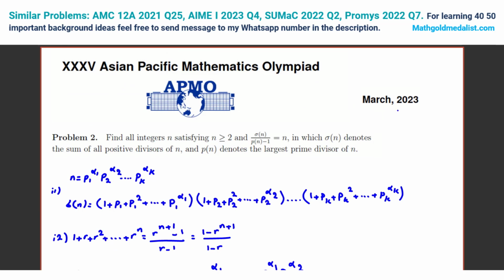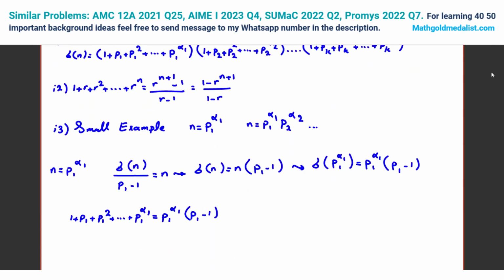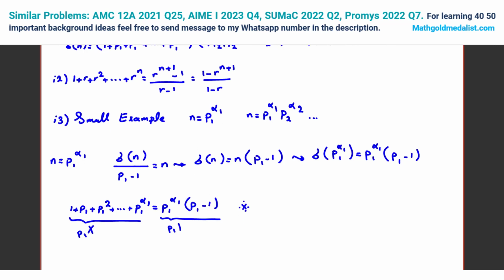Here it says n at least 2, so it has at least 1 prime, and alpha 1 is at least 1, because if alpha 1 is 0, then n equals 1. Now here we can reach a contradiction, because the right side is a multiple of p1, so p1 divides it, but p1 doesn't divide the left side because the remainder is 1. So that's a contradiction. So if you have 1 prime, it doesn't work.